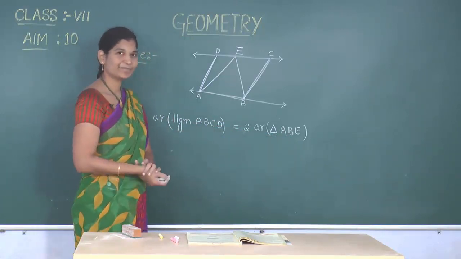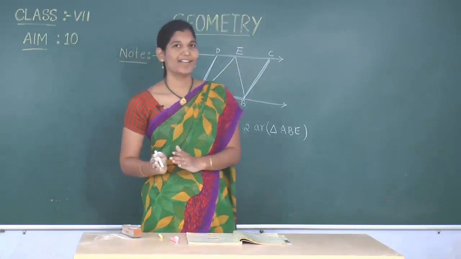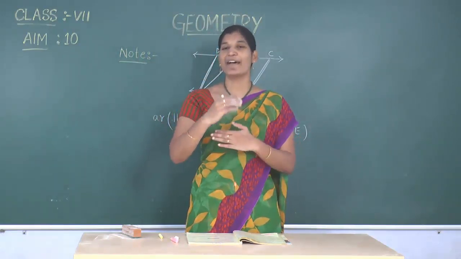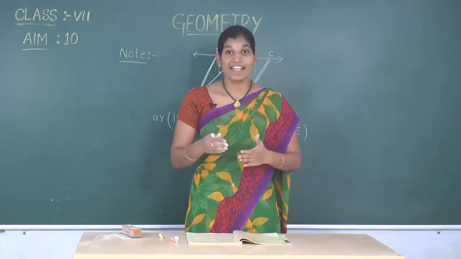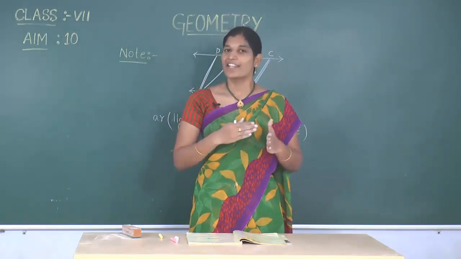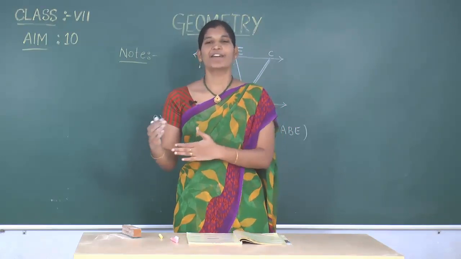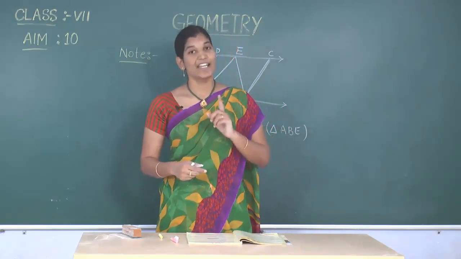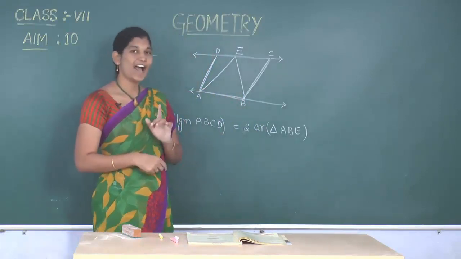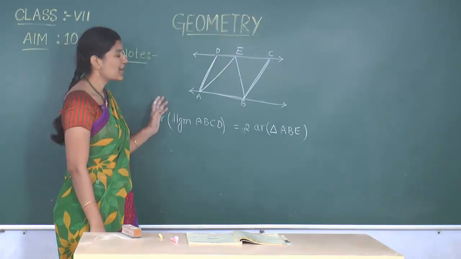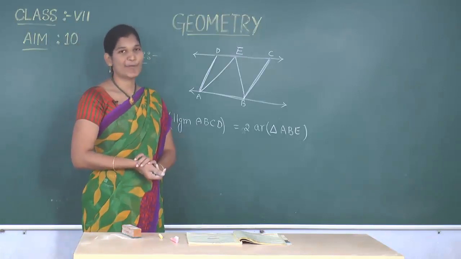I am repeating, if a triangle and a parallelogram have the same base between the same parallel lines, the area of the parallelogram is always double the area of the triangle. Otherwise the area of the triangle is half of the area of the parallelogram. So this is also one of the useful properties.